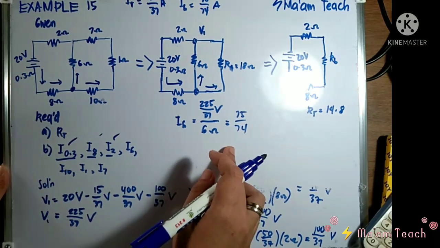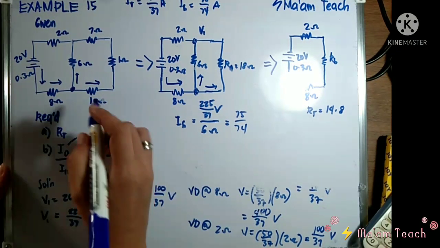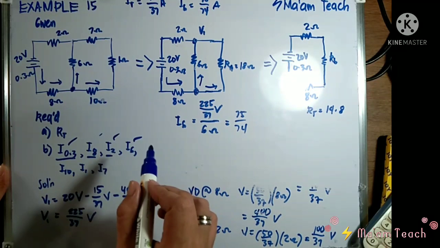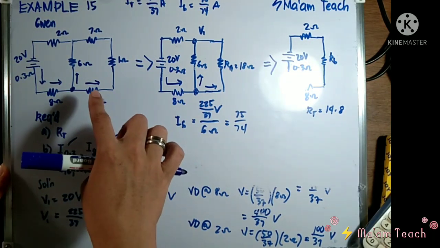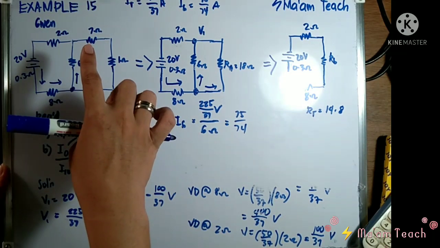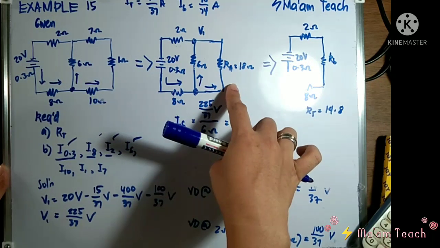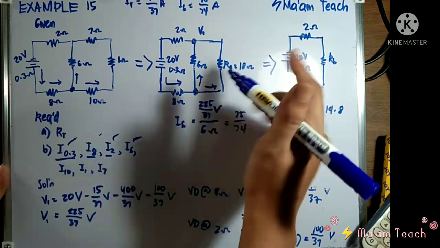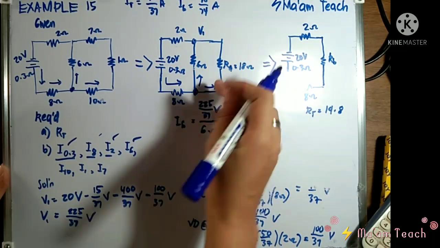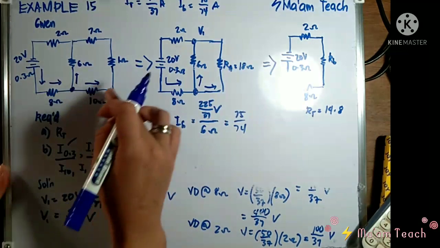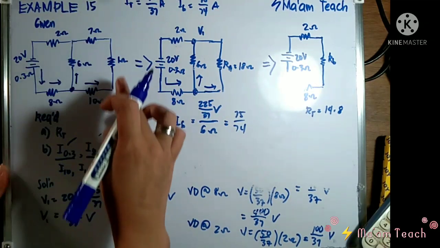Now, class, how about the current flowing in 10 ohms, 1 ohm, and 7 ohms? How are we going to solve it? If we refer here, this current is the one flowing in these 3 resistances, because as you can see, class, they are in series.